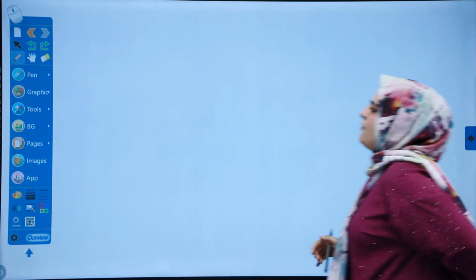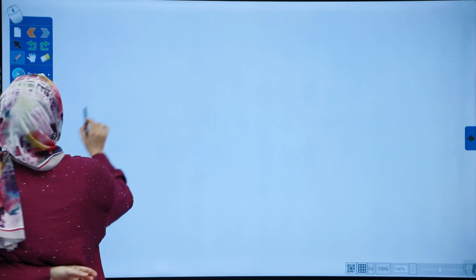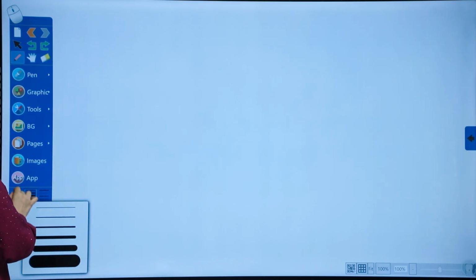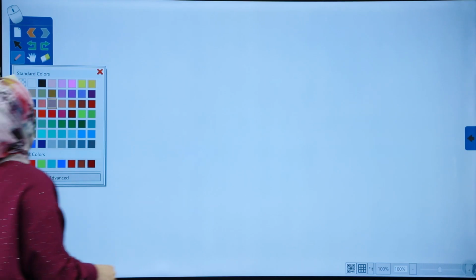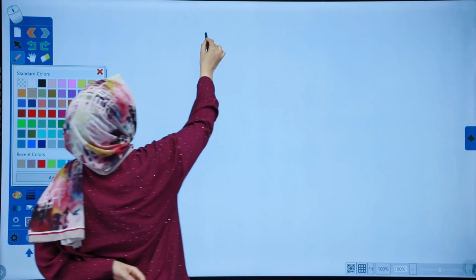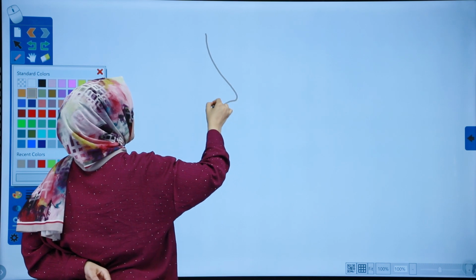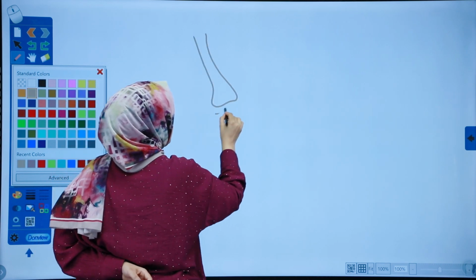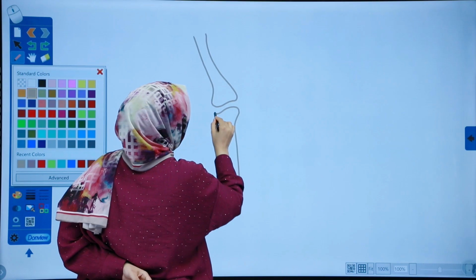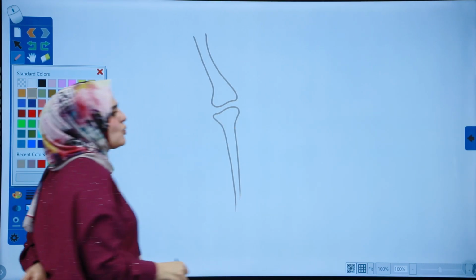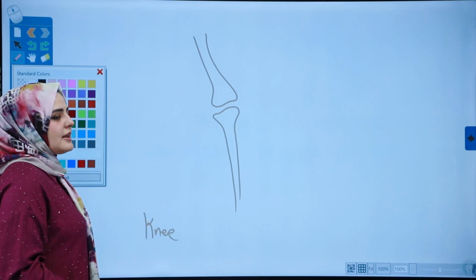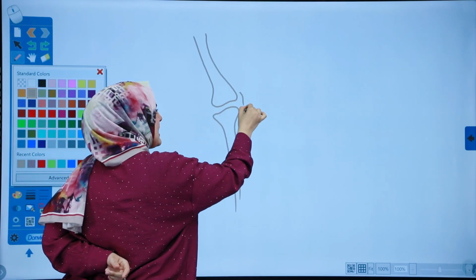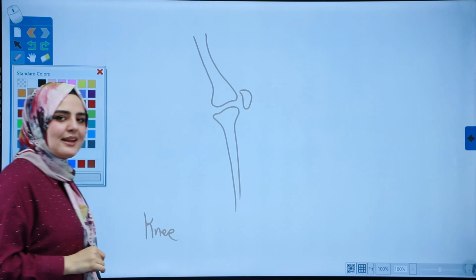Now, if we have a joint drawn for us, like I'm going to do it now. Okay, there you go. Let's start with the bones. Didn't we say that joints are bones meeting together? So we're going to do this. There you go. We're going to draw the knee. Now, the knee has a cap on it. We call it the patella, if you remember.